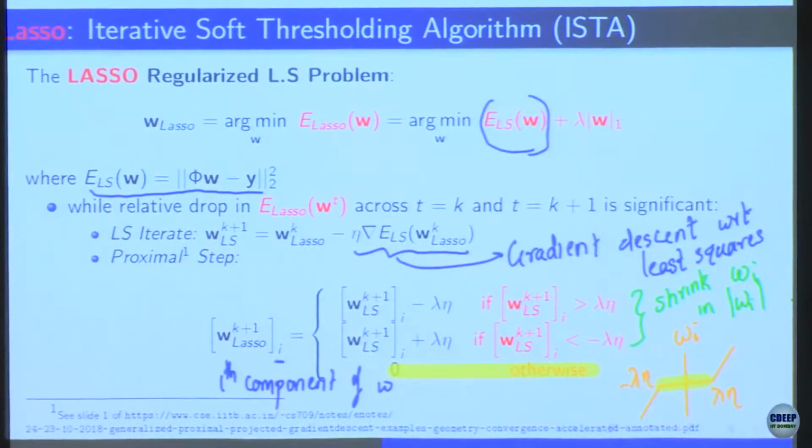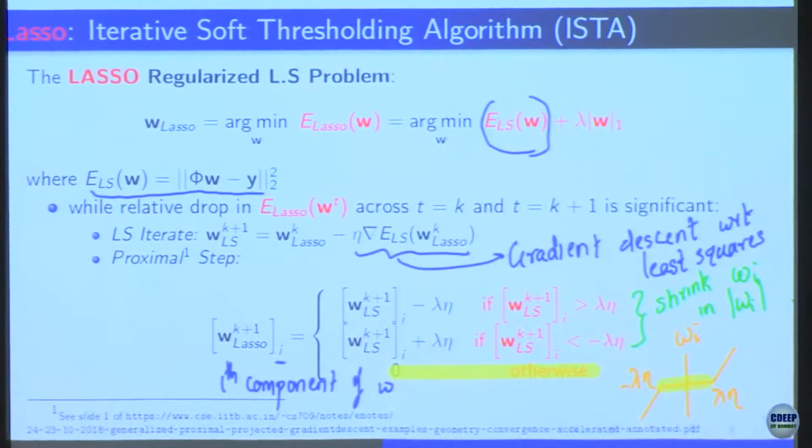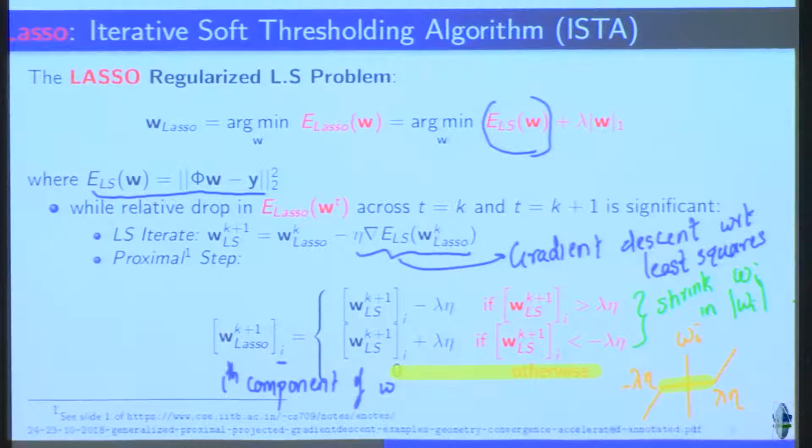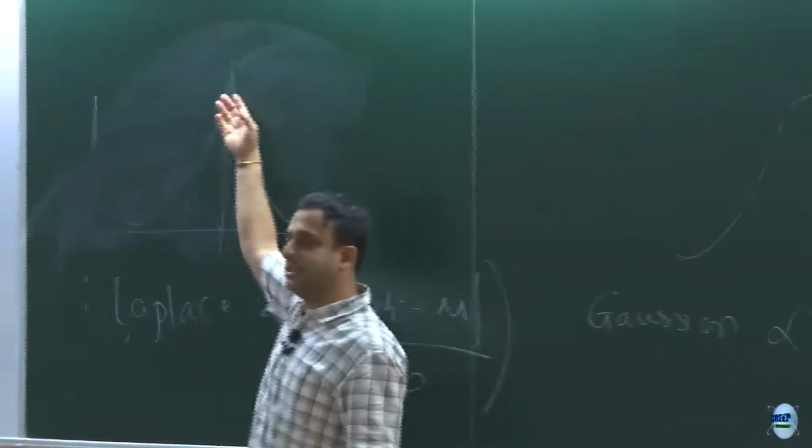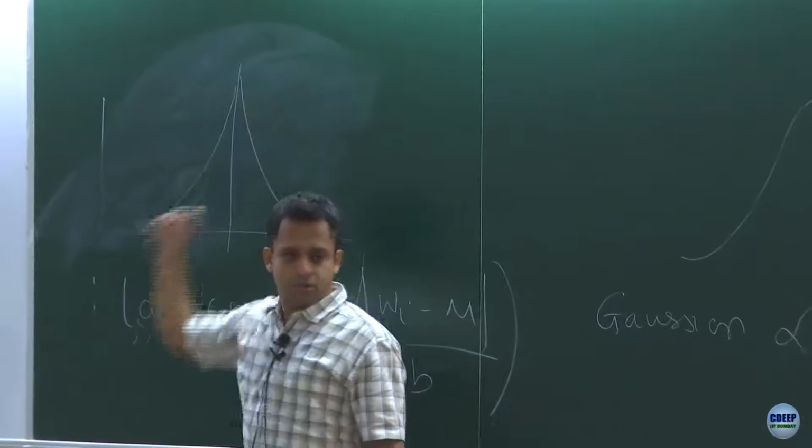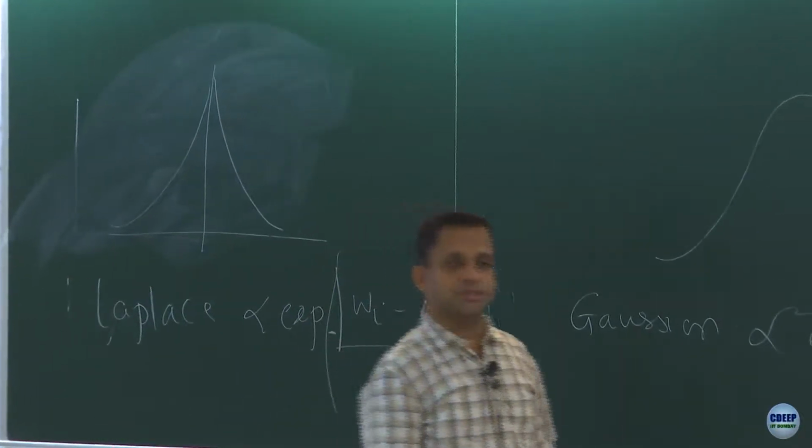If it is less than minus lambda eta, increase it, in the sense of making it go closer to 0, because it's already negative, but reduce it in magnitude. Okay, so again, the algorithm basically says we achieve exactly what we set out to, get you more sparse solutions. Is that clear?